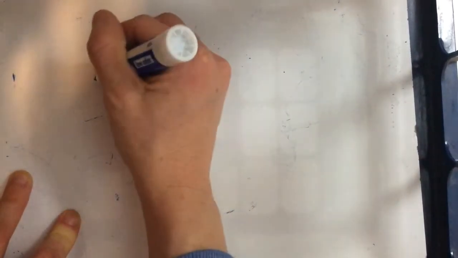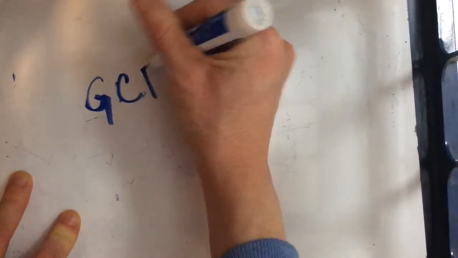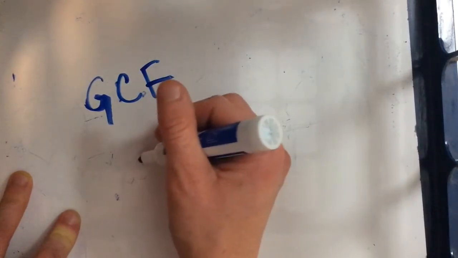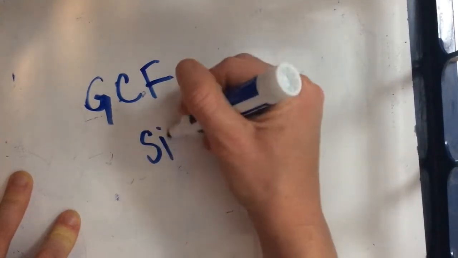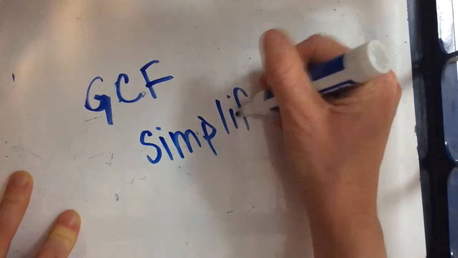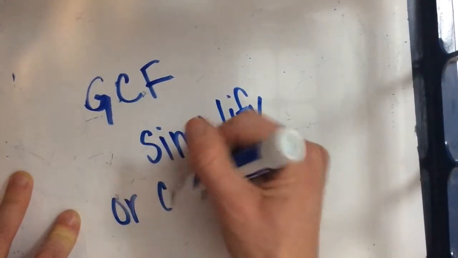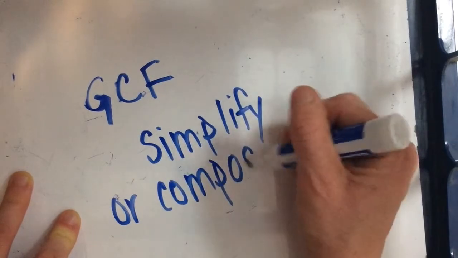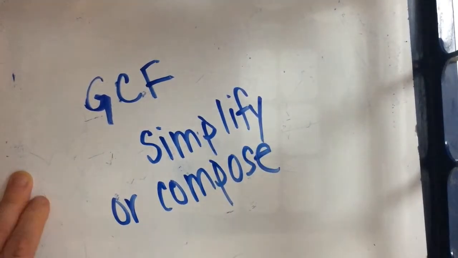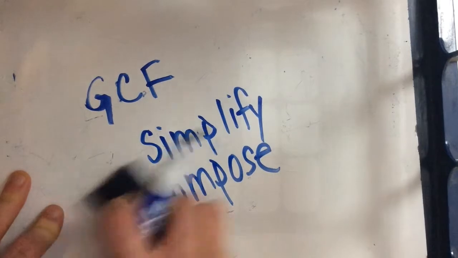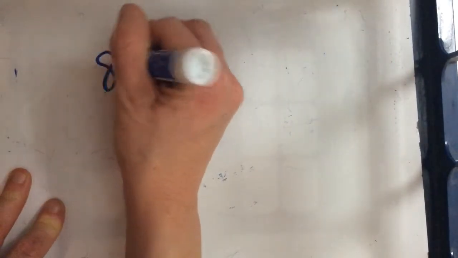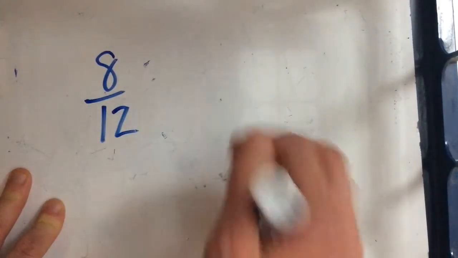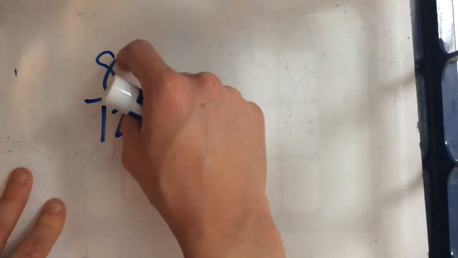When we're finding the greatest common factor, I'm going to abbreviate and say GCF. We use that to simplify or compose simpler or larger fractions, okay? So for example, in our last video on the greatest common factor, we found the greatest common factor between 8 and 12 so that we could divide both of these.